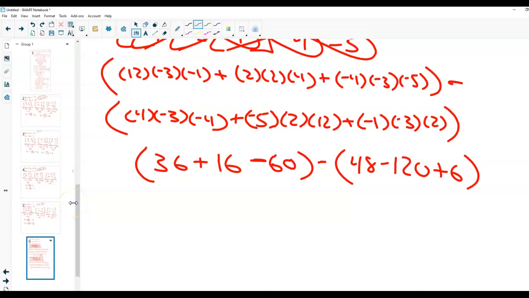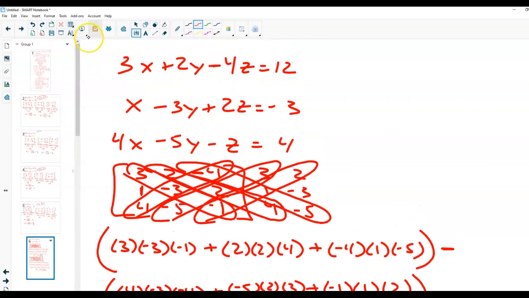So we end up with -8 minus a negative 66. And that results in an answer of 58 as my determinant. So when I go to solve for my x, x is 58 over 29, which is a 2.